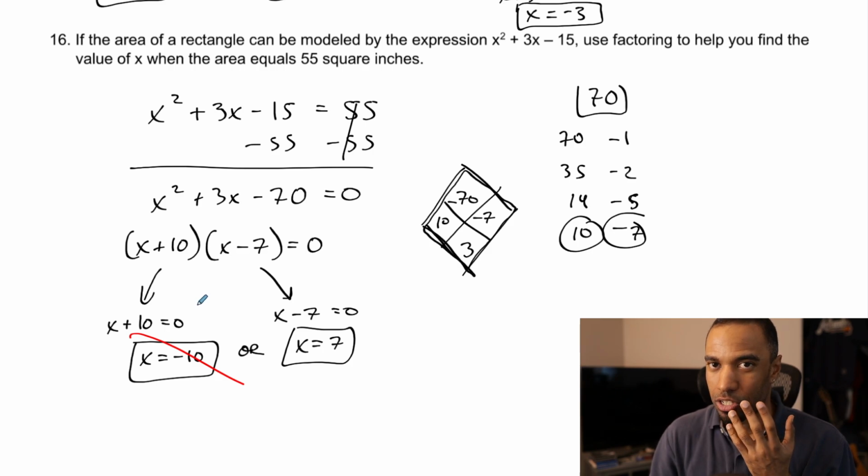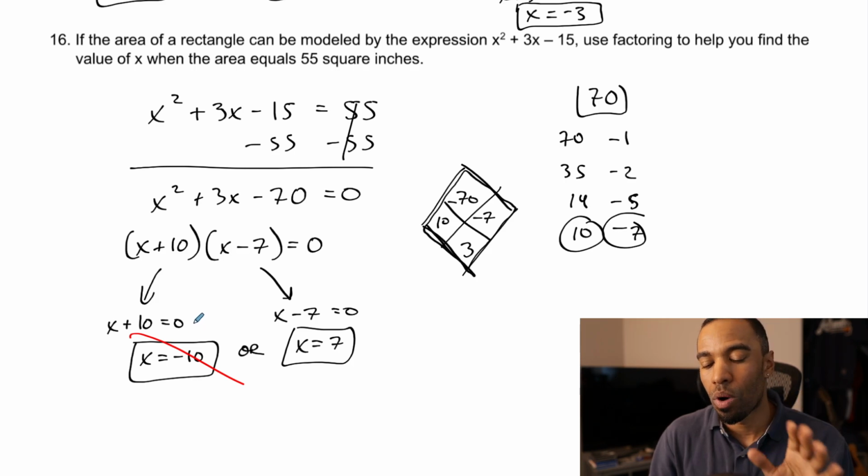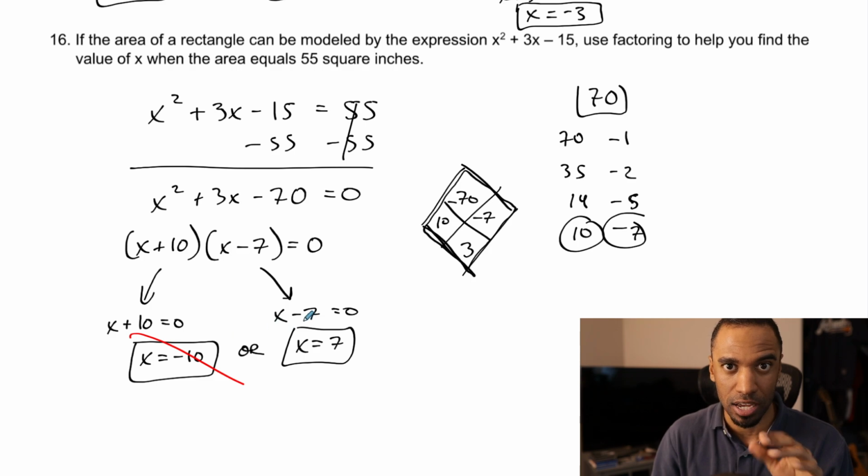It wasn't factorable, though, and that's what makes this kind of weird for me to talk about. If it wasn't factorable, that means that this x being negative 10 is not relevant to this thing. So what I was going to say is that in a real world word problem, if this was about lengths and about x representing a portion of a length, I can't have a negative length. That's why I was crossing that out.